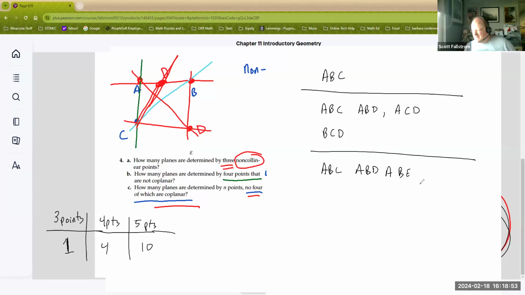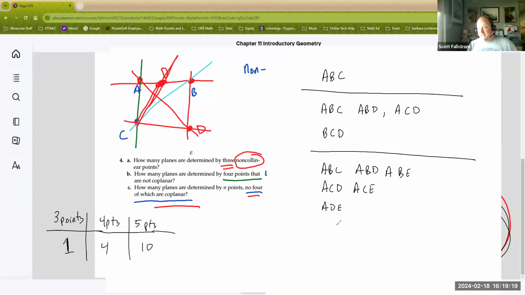I'm going to put all the ABs together, right? And then I have all the ACs. So A with C with D, A with C with E, and finally A with D with E. All right. So there we go. That's fantastic. That's all the ones with the A's in them.